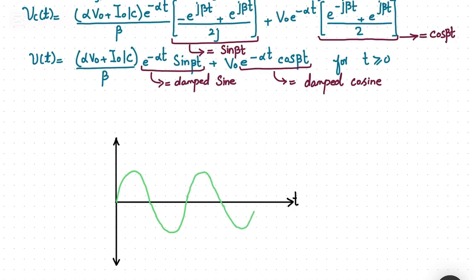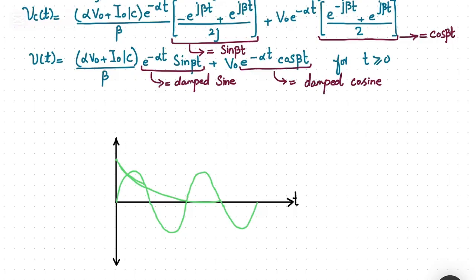A damped sine wave is the product of a sine wave and a decaying exponential function, so sine of βt is multiplied by e^(-αt) multiplied by this constant factor. The constant factor represents the value of the exponential function at t equal to 0. Whatever the value we have for t equal to 0, let's say this is the value, and this is the sketch of the exponential function.